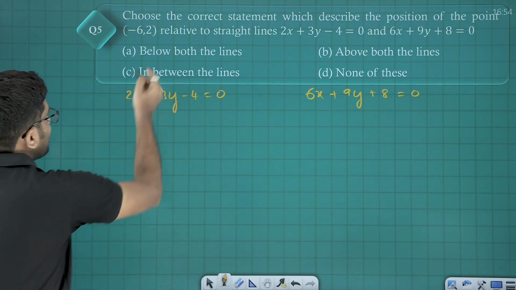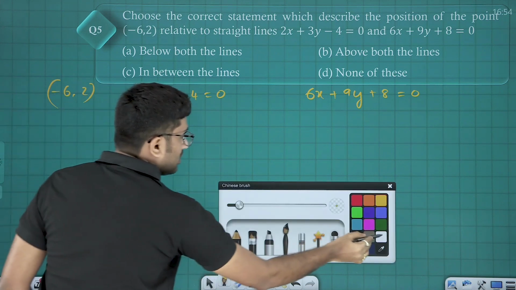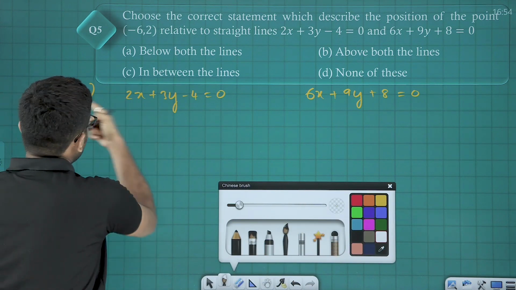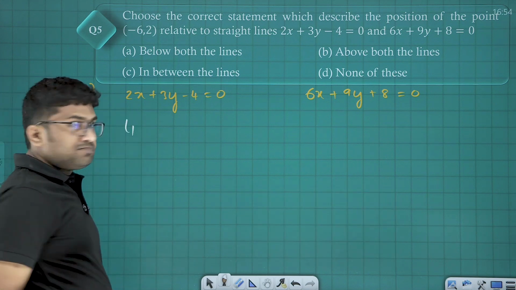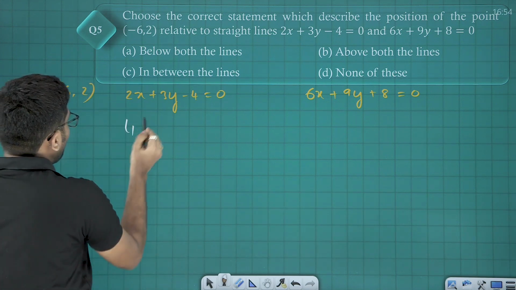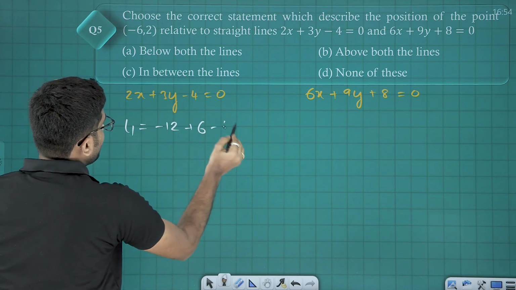Okay. Now let's substitute the point minus 6 comma 2 in each of the lines. So let's say, when you substitute this value, let's say this is some L1. L1, 2 into minus 6 is minus 12, 3 2s are plus 6 minus 4.